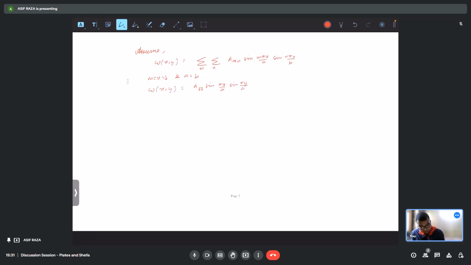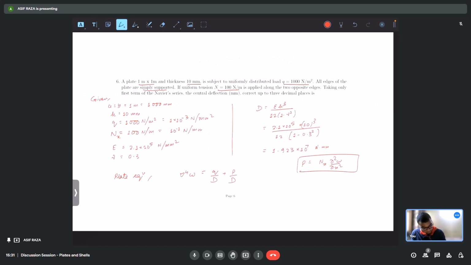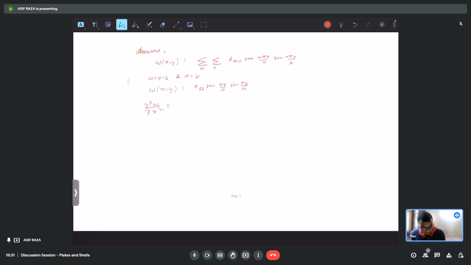Okay, so del square w by del x square would be equal to minus (pi by a) whole square a11 sin pi x by a sin pi y by a.